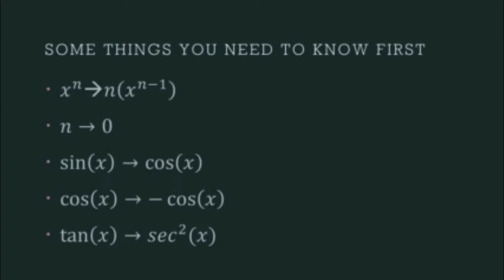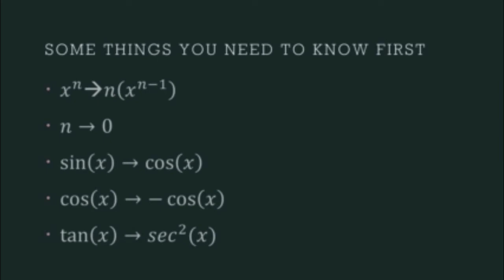So if we have f of x equals 6, the derivative, f prime of x, equals 0. No matter the number, if it's negative, positive, a decimal, a fraction, if it is just a plain number, no variables, it will go to 0.